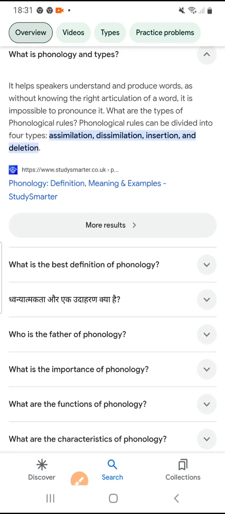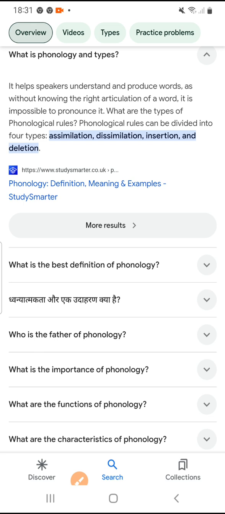What is phonology and its types? It helps speakers understand and produce words without knowing the right articulation of the word. Phonetics focuses on articulation, but in phonology, focus on articulation is not required.